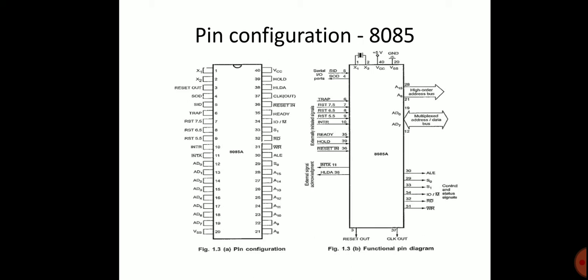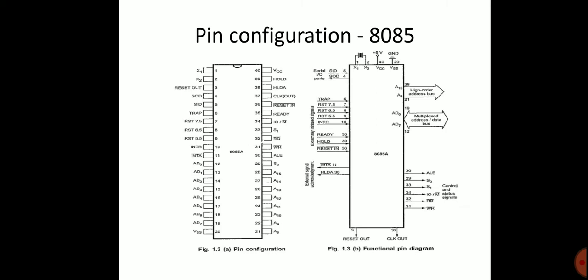And one important thing, the reset signals. Reset in and reset out can be divided into two categories. In reset in, a low on this pin does the following. Number one, sets the program counter to 0 and clears the interrupt flag. Resets the interrupt enable and hold acknowledgement flip-flop.